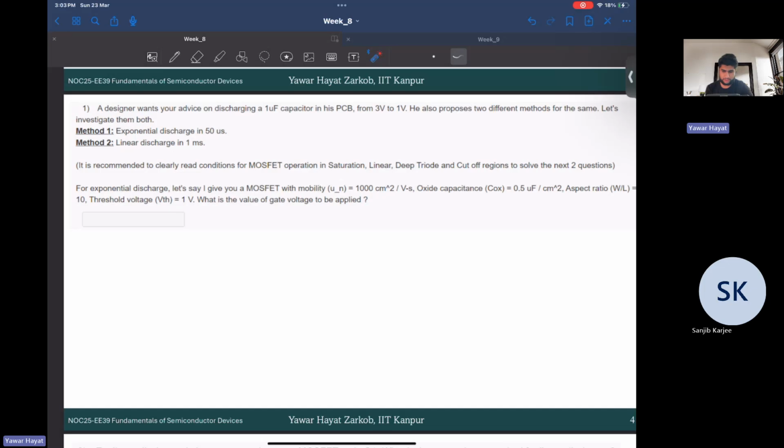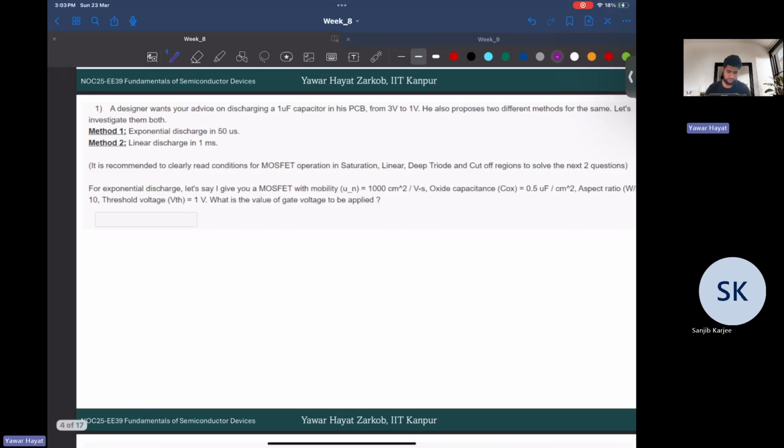For exponential discharge, let's say you are given a MOSFET with this mobility, this Cox per unit area, this aspect ratio and this threshold voltage. So you need to determine what is the value of the gate voltage that is to be applied. Now it proceeds as follows.